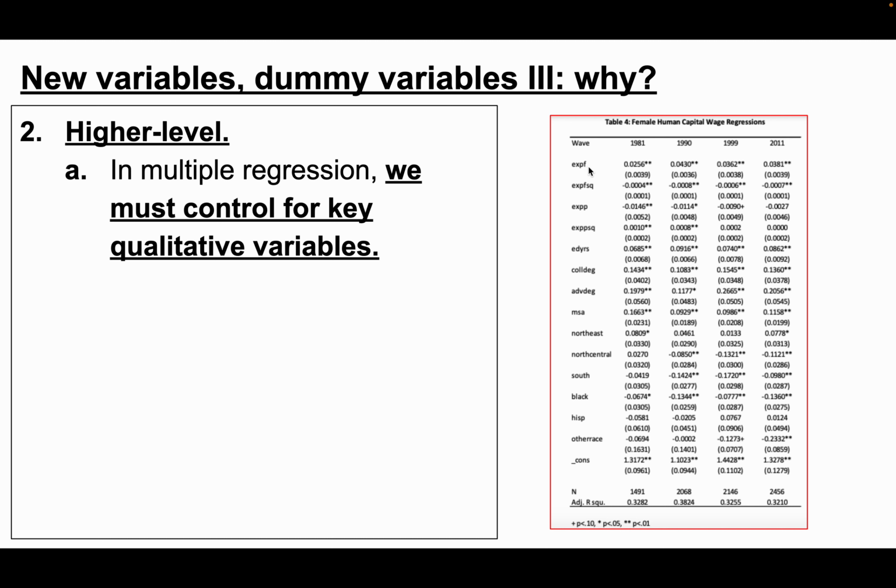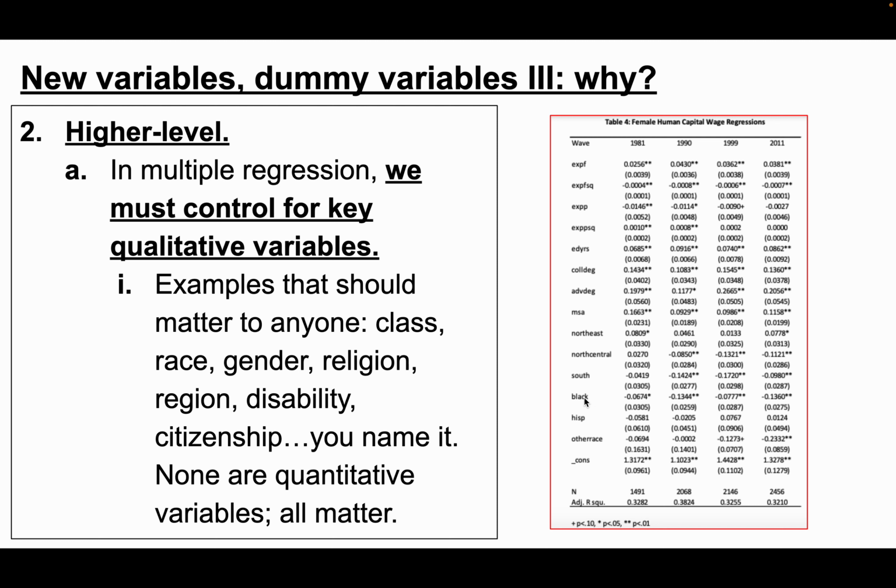So when you hear sociologists talk like that, you might wonder, how the heck can they control for, say, being Black or being from the South? Those aren't quantitative variables. So in order to control for those things, we actually do need to use dummy variables, and something like this here, this variable Black or Hispanic or South or Northeast or has a college degree or not, those are all dummy variables.